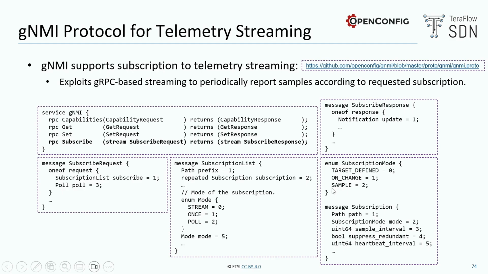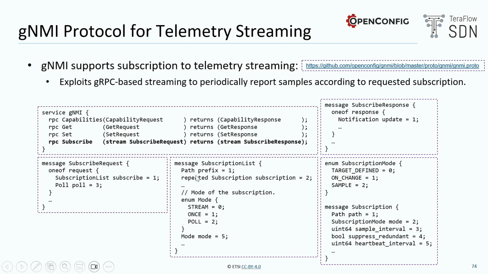For instance, we can say a sample of this specific data, and then you provide the path. You say for the interfaces, maybe interface ETH1, I want to get samples every sample interval, and maybe do not suppress redundant samples, so you get each of them.